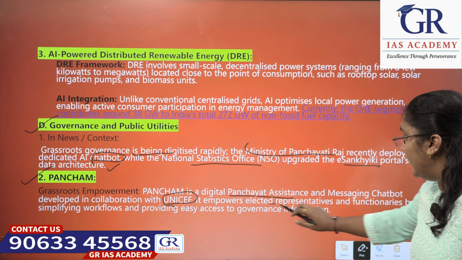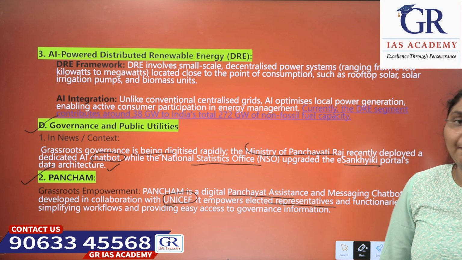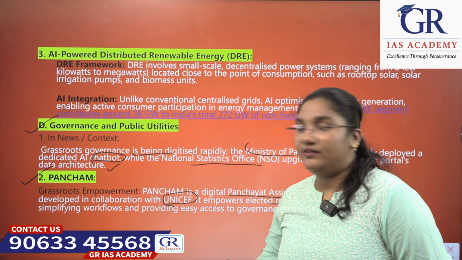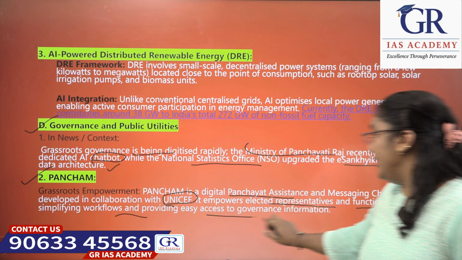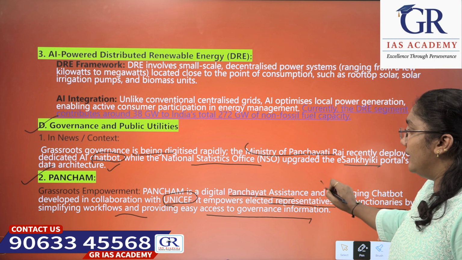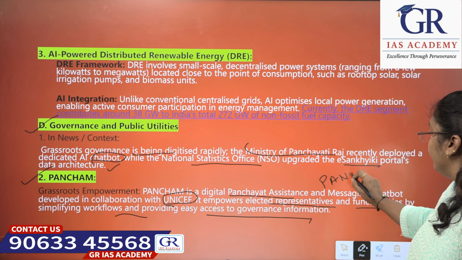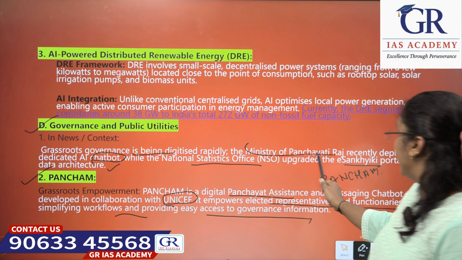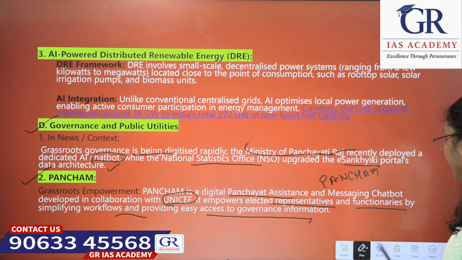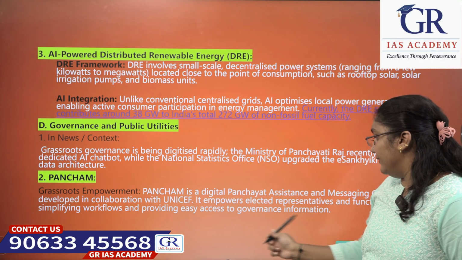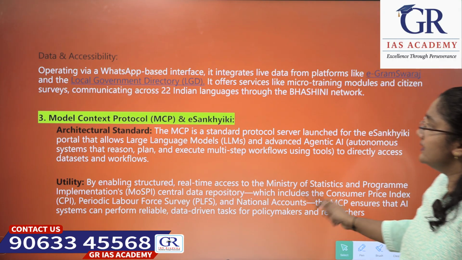It empowers elected representatives and functionaries by simplifying workflow and providing easy access to governance information, to make governance and governance information simple.